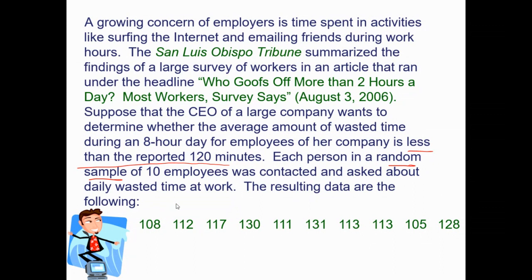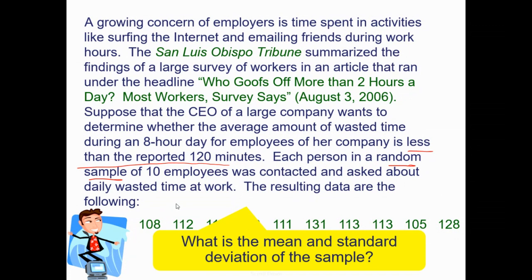So first, let's put this into L1 and get the mean and standard deviation.